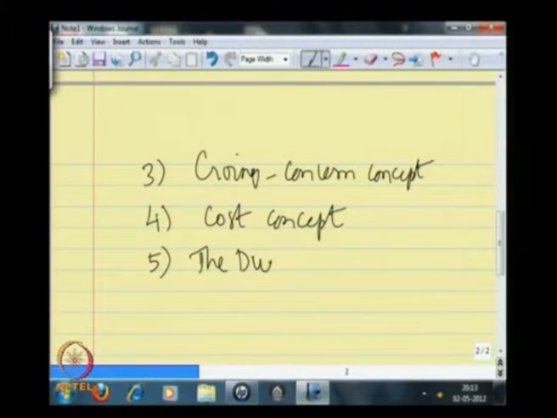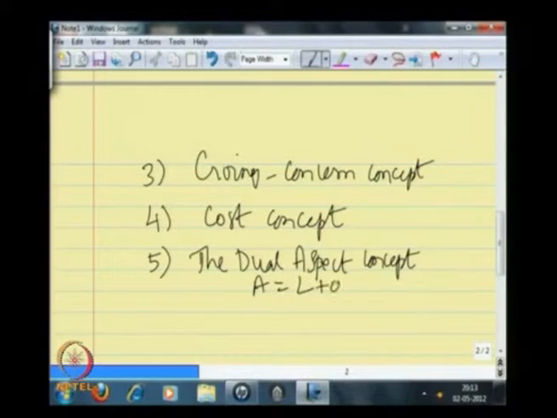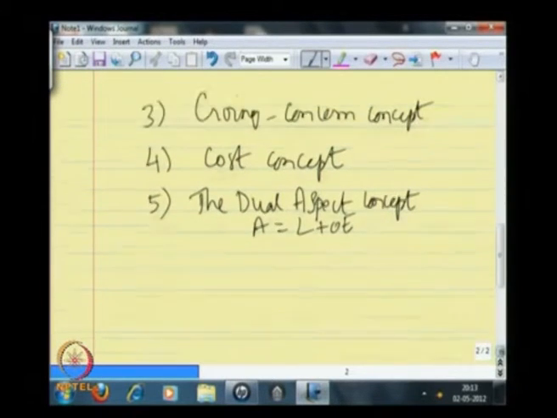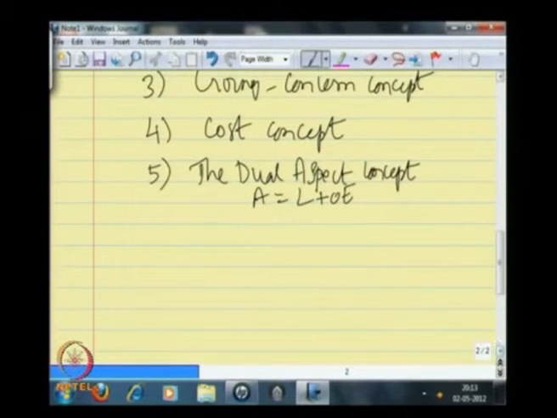The fifth concept is the dual aspect concept, in which we saw that the fundamental equation when we discussed the balance sheet is that assets will be equal to liabilities plus owner's equity, and any activity that happens within an organization, within an entity, will impact the accounting records in such a way that this fundamental equation is not compromised.